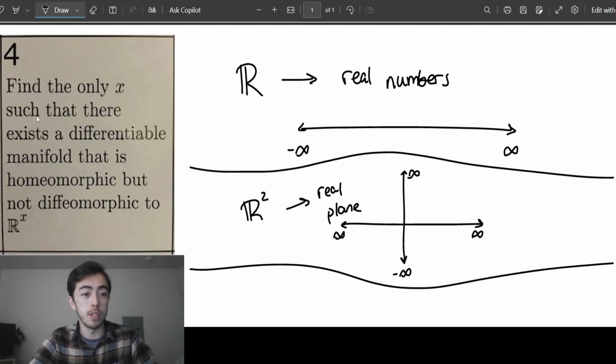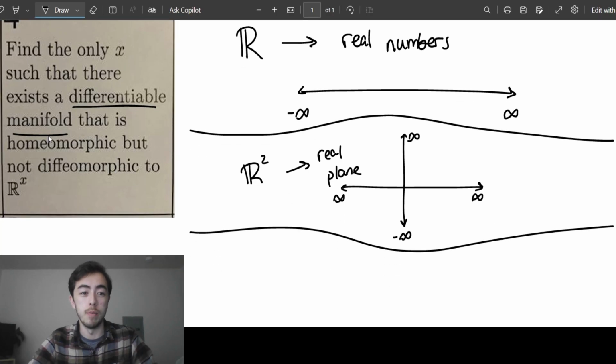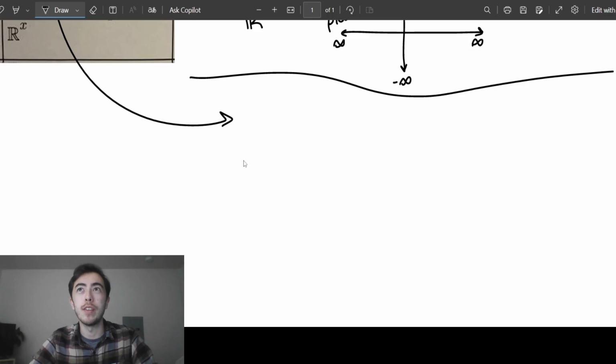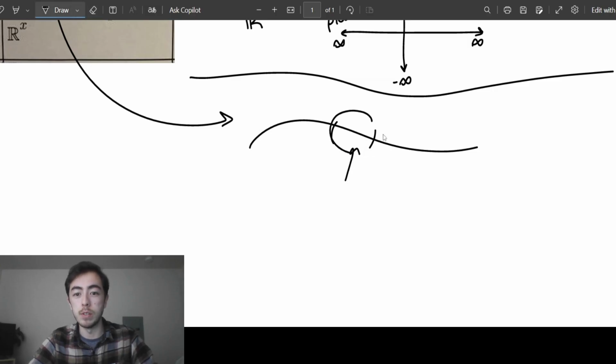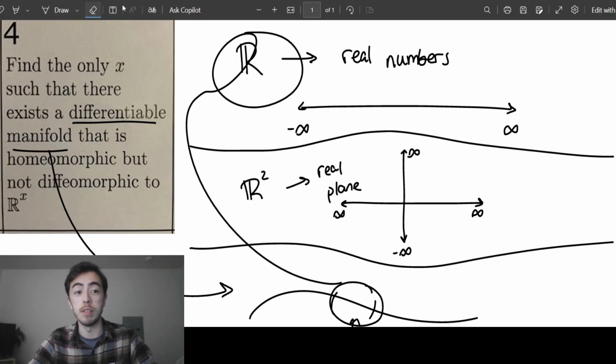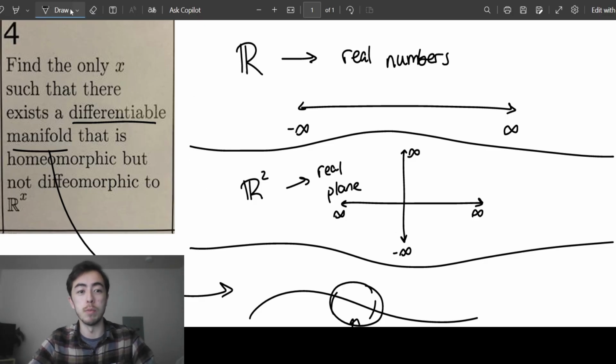And those objects that we're talking about are these differentiable manifolds. I just learned a few days ago that a manifold in math is essentially just a thing that on the small scale, so here's my thing, it's going to be like this curve right now, if you zoom in, it looks like just a line, essentially like a real number line.